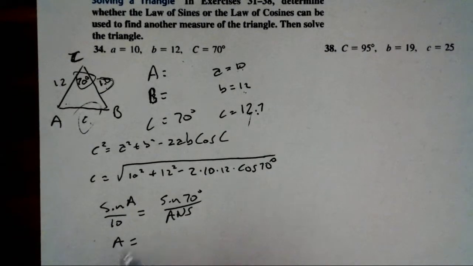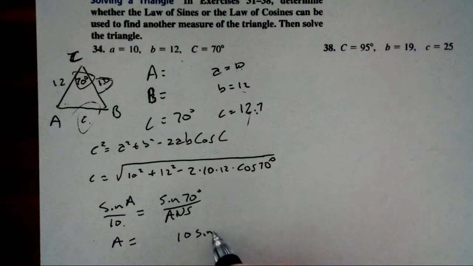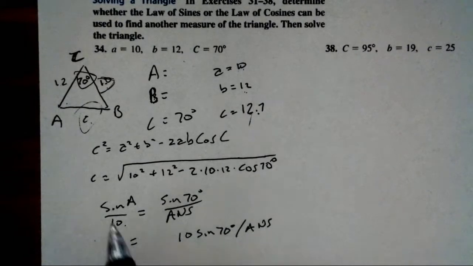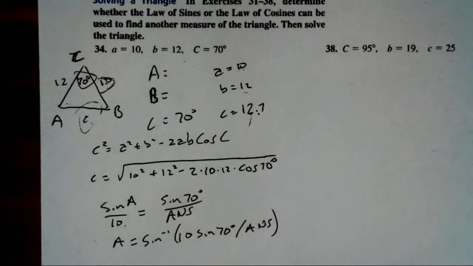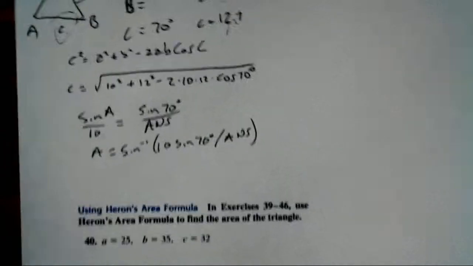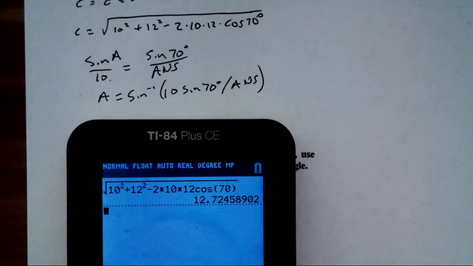So angle A equals, I'm going to multiply 10 across times sine of 70 divided by our ANS. And then I have to get rid of sine with sine inverse of all of that. And we talked about that in the 6.1 section, so there are videos on that if you're having trouble following.